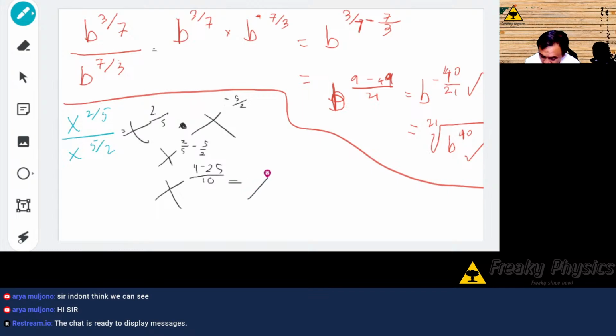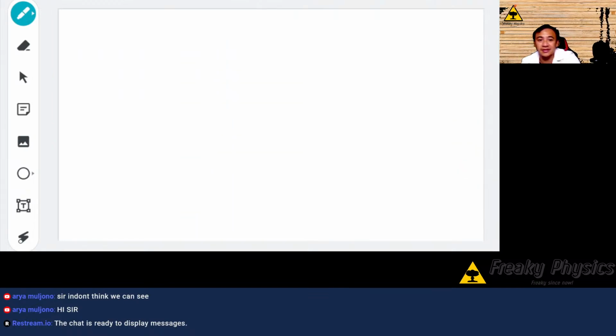You can keep it as the rational exponent form. You don't have to turn into the surd. 21, 10. All right, so that's correct. Okay, so division's done. Let's do the next bit.